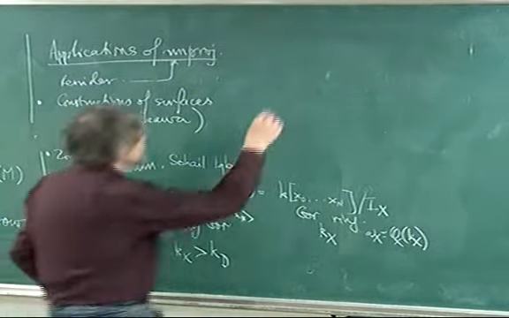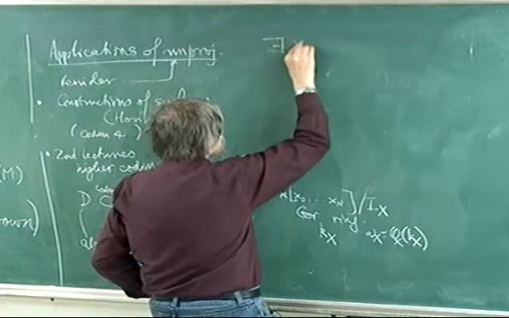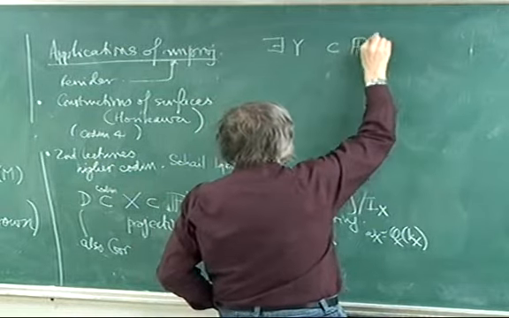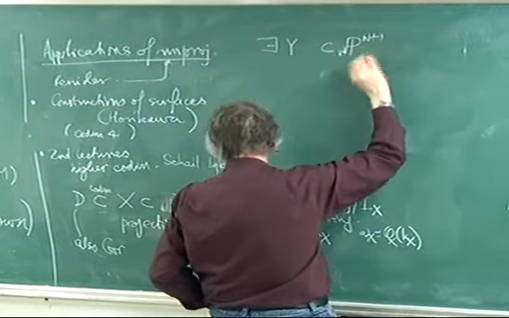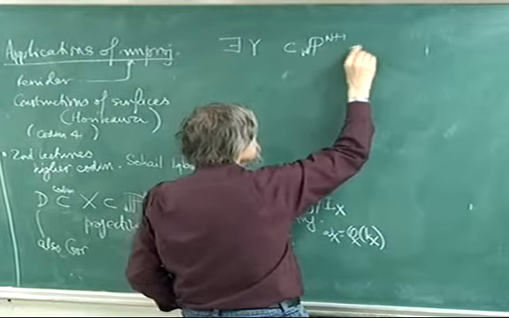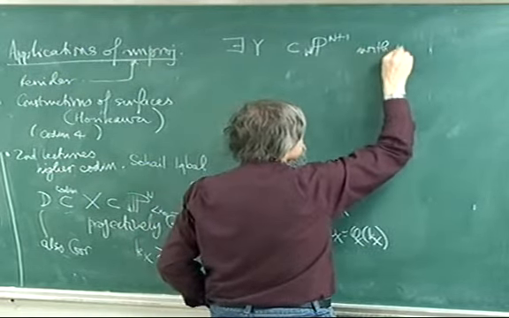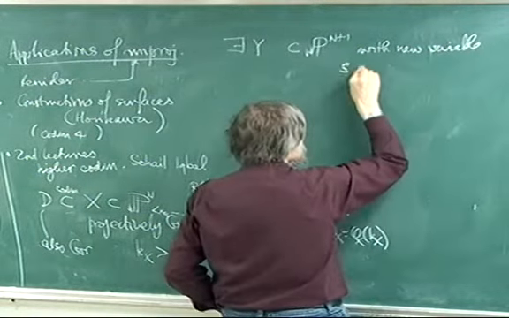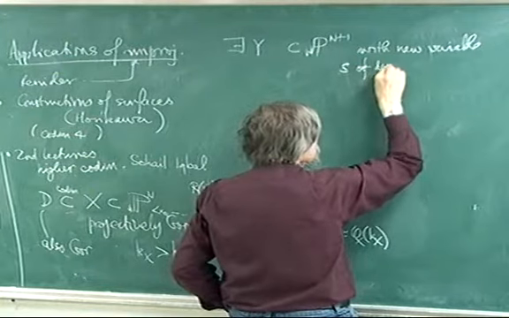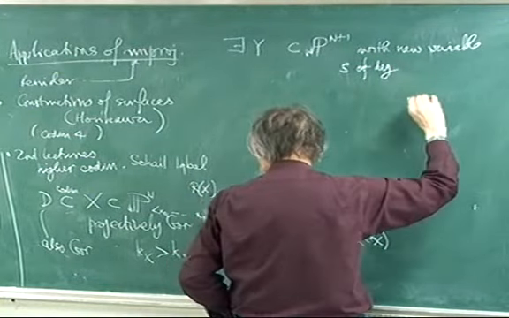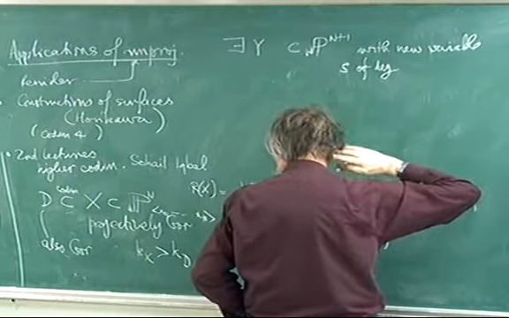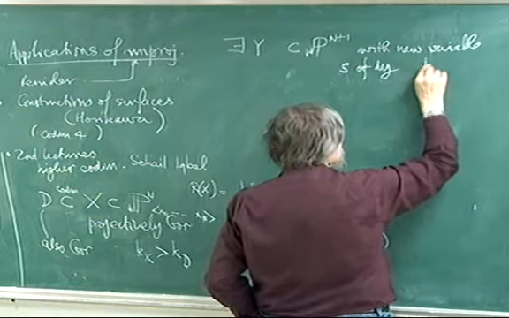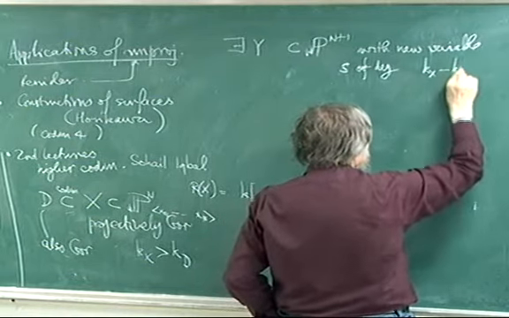So then there exists a Y in P, this is n plus 1, which would have weights with a new variable S of weight Kx minus Kd.